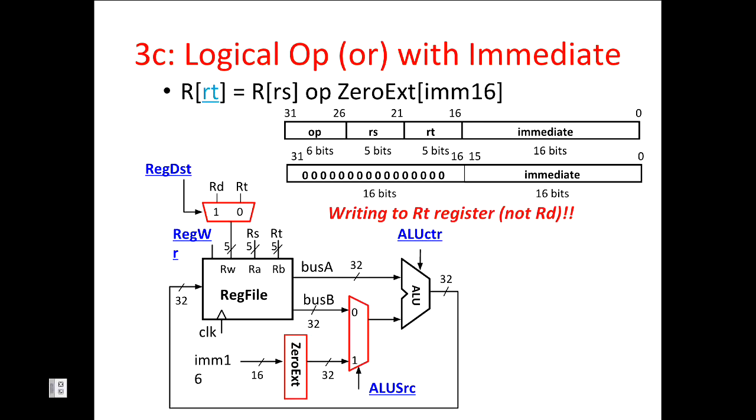And we want our data path to be able to do both. So we put this mux here, and we're going to have to introduce another control signal that chooses between RD and RT to be specified on the read-write port. The only thing is here, RT is still going into the RB port. And we're still reading the value at RT. Is that a problem?